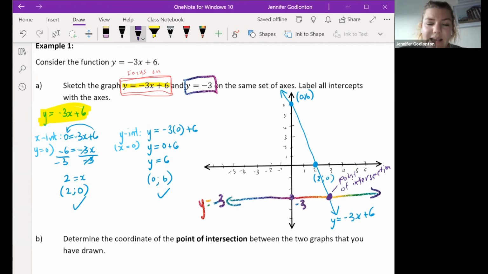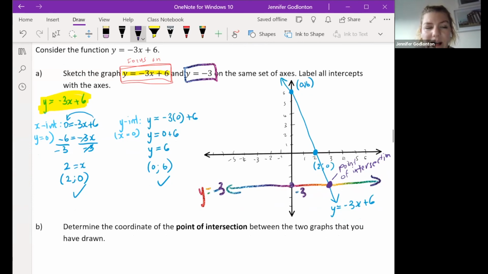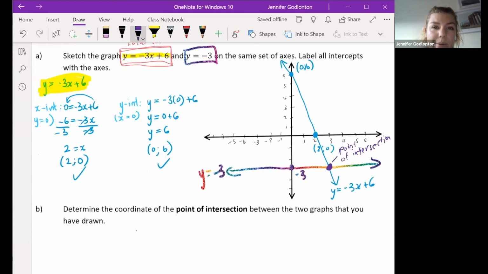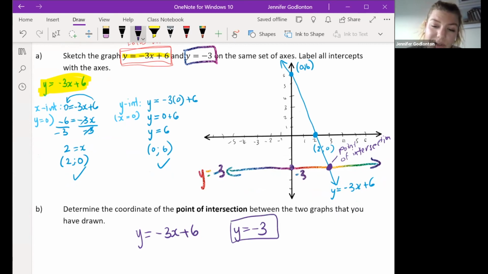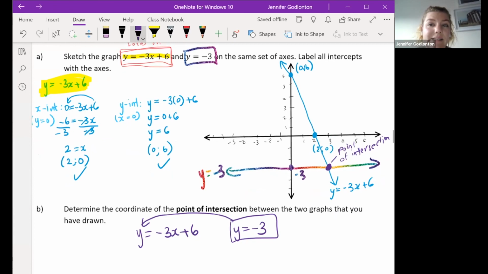Now, if I wanted to know what the coordinates of that point of intersection are, I could say, in the equation y equals negative 3x plus 6, I know that my y value is negative 3 because that's what my y value is on my other graph. So I'm allowed to just substitute this in there because I know that it's the same.